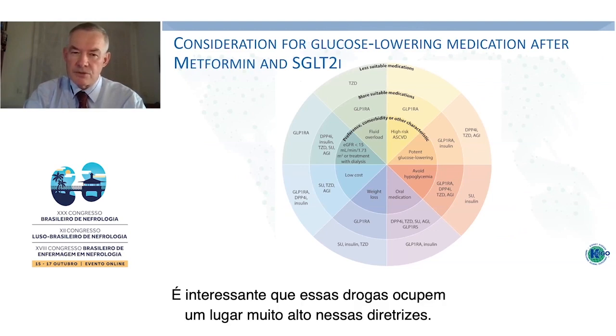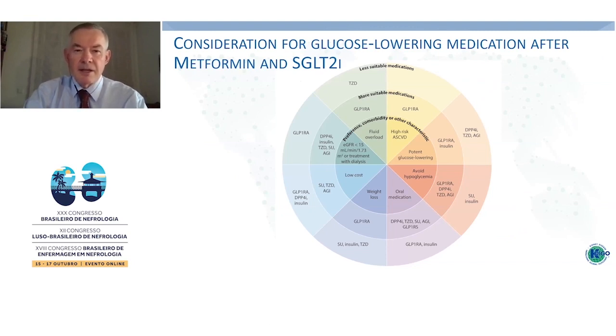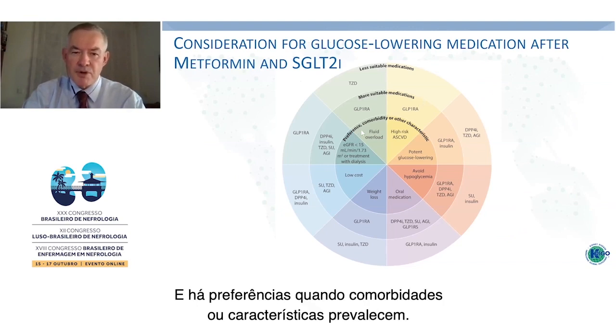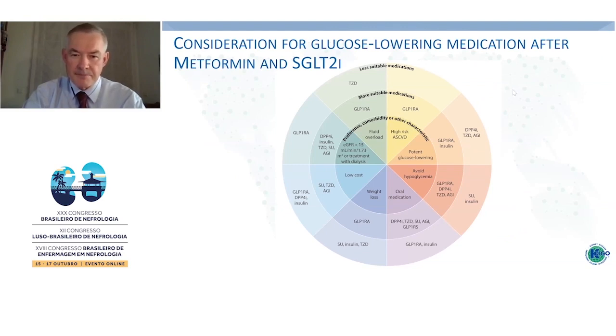Interesting that these two drugs are coming very high in the place in these guidelines. And there are less suitable medications, more suitable medications, and a preference when comorbidity or other characteristics are prevailing.